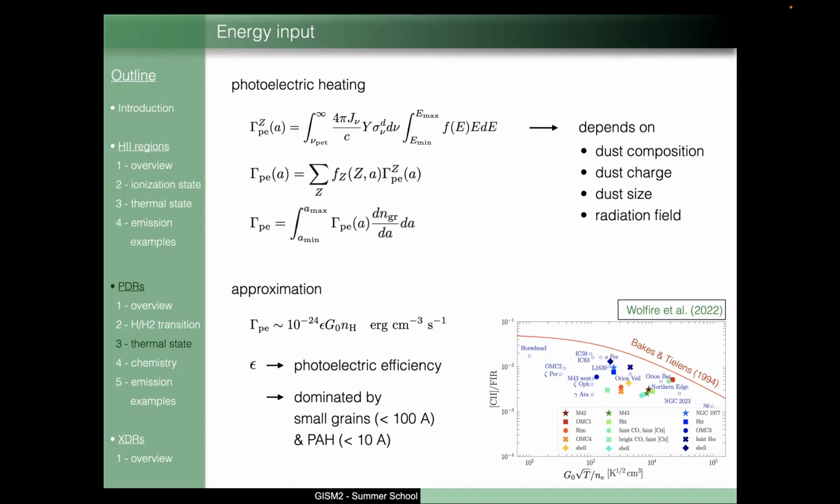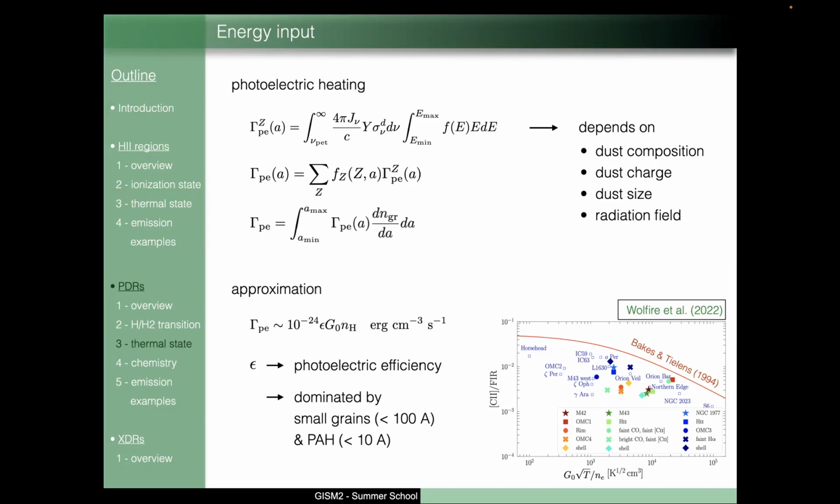So it's very complicated to get some physical insight on something that depends on so many different things, okay? So to simplify, people have come up with a very smart approximation of this heating rate, in particular Bakes and Tielens in 1994. They basically say that the photoelectric heating rate, as a simplification, is written like this. And this is a very nice simplification because it gives a strong physical insight. What is 10 to the minus 24 times G0 times N_H is simply the rate of absorption of energy by the dust, okay?